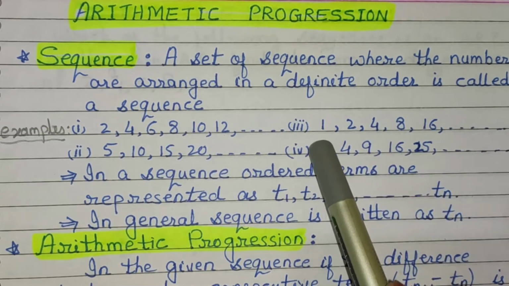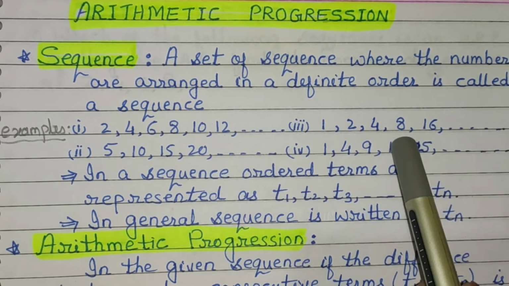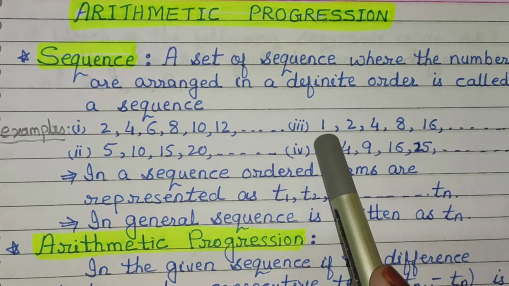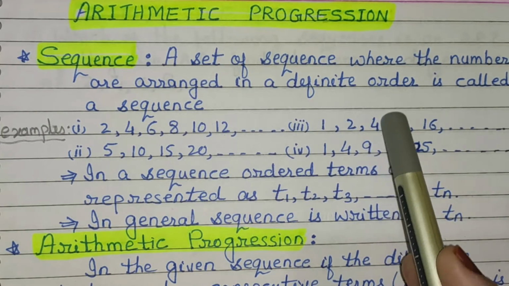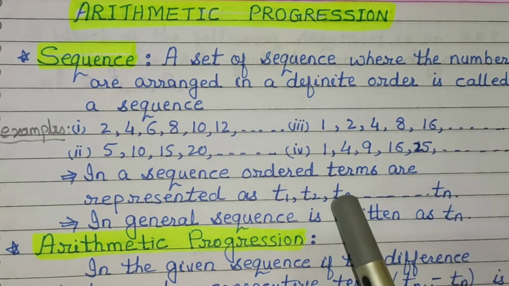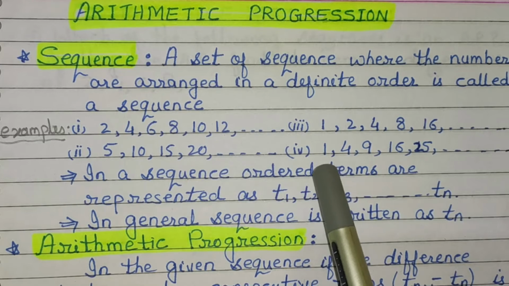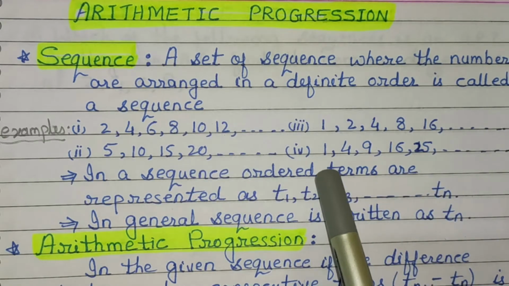Now look at the next: 1, 2, 4, 8, 16. Look at this carefully. 1 into 2 is 2, 2 into 2 is 4, 4 into 2 is 8, 8 into 2 is 16. Now the next one: 1, 4, 9, 16, 25. Observe it carefully.